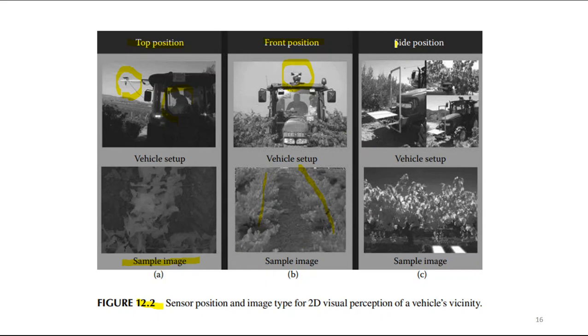The third one is the side position, maybe using a platform like this, and you can take an image this way. So by different positions, we can take different views of the crop, and later on we will join this information together.